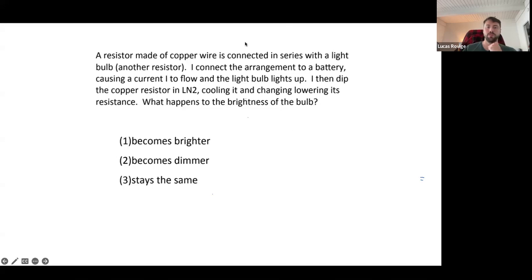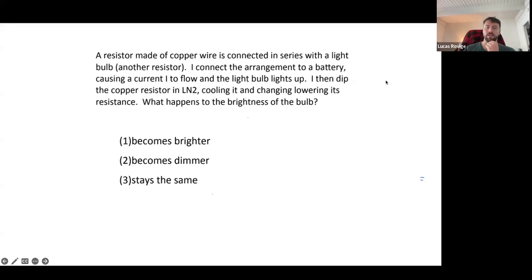So if we have a resistor made of copper, and we connect it in series with a light bulb, which can also be seen as a resistor, and we connect that to a battery that causes a current to flow and the light bulb to light up.